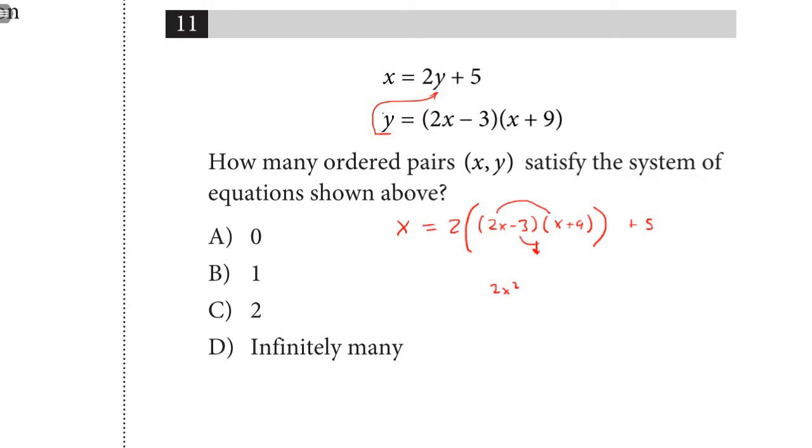Then negative 3 times x, that's negative 3x. Then 2x times 9, that is plus 18x. Then negative 3 times 9, and that is negative 27. And we close all that with a 2, we multiply that by a 2, plus 5.